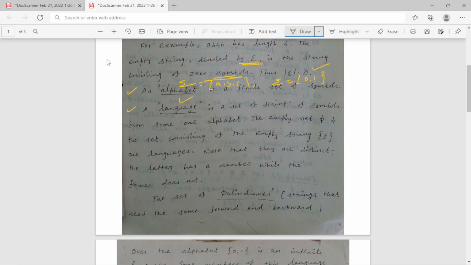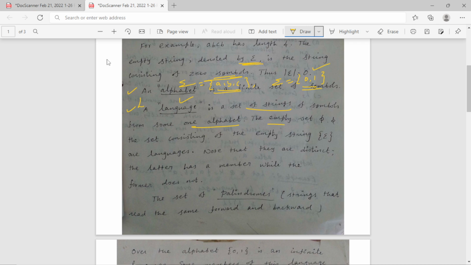Next, language. A language is a set of strings of symbols from some one alphabet. So these languages are defined over some alphabet, right? Usually it is denoted by the letter L.